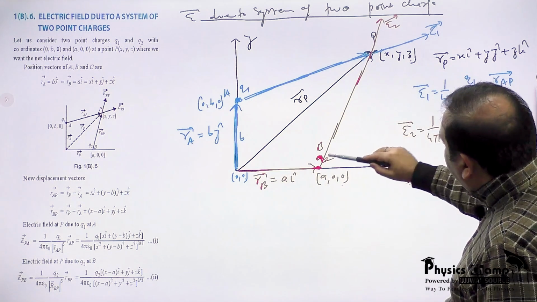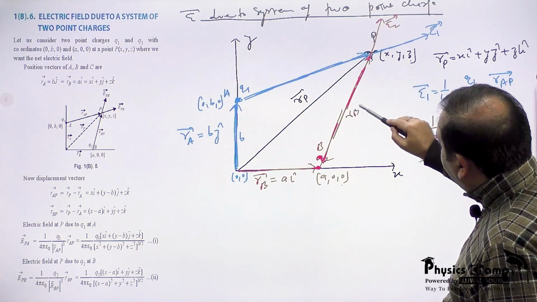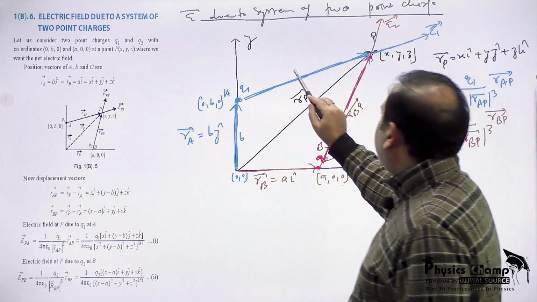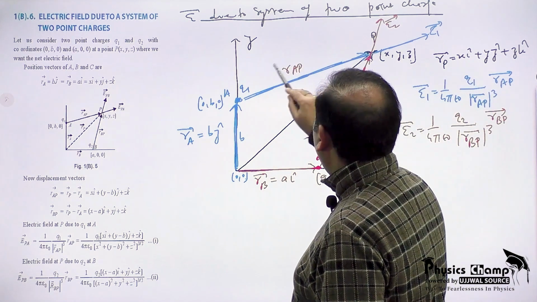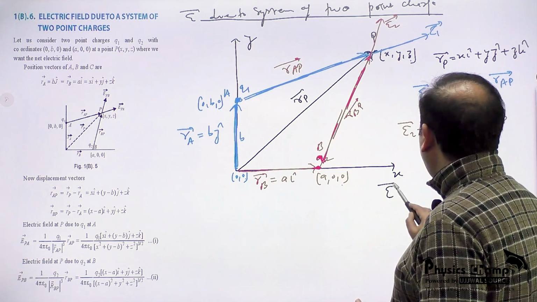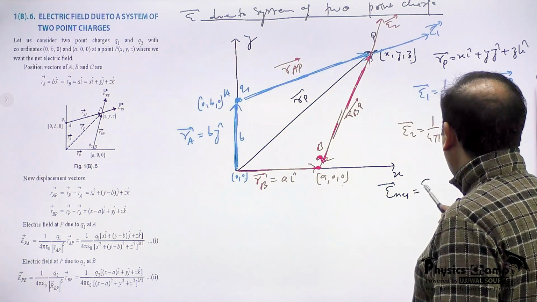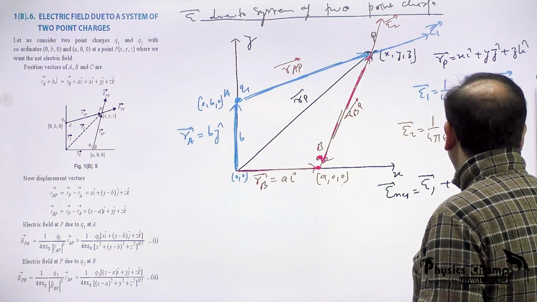This is vector B to P, displacement vector RBP. This is displacement vector RAP. And if you are looking for the net electric field at point P, it will be E1 vector plus E2 vector.